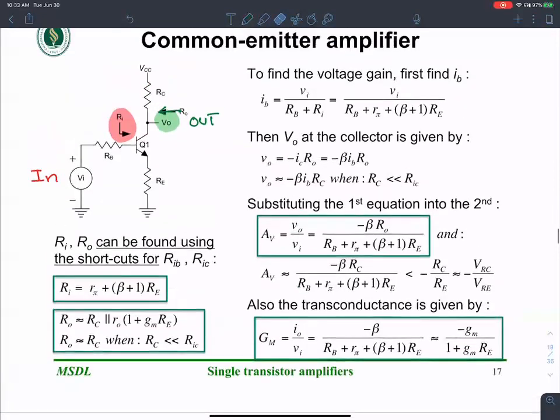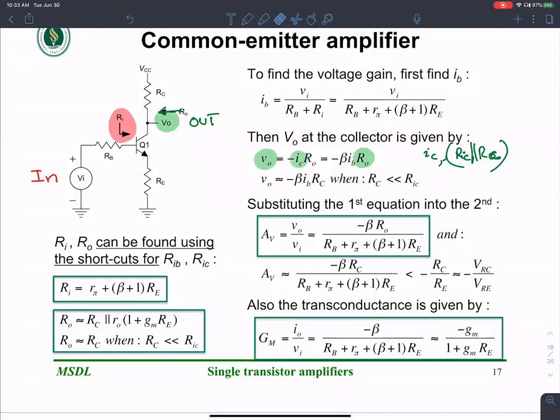To find the voltage gain, all we have to do is to calculate V output, which is the resistance in the output times IC. Remember, there are three terms that I need: IC, RC, RIC parallel with the external resistance RC.